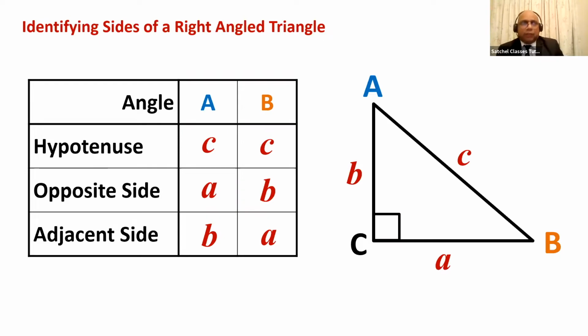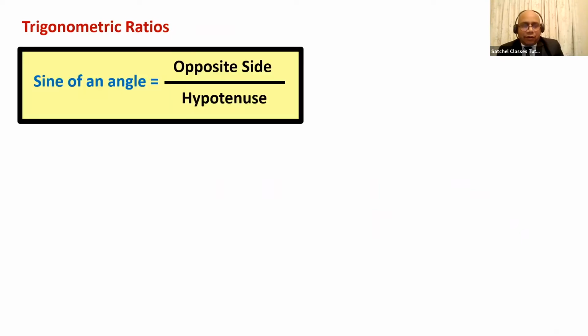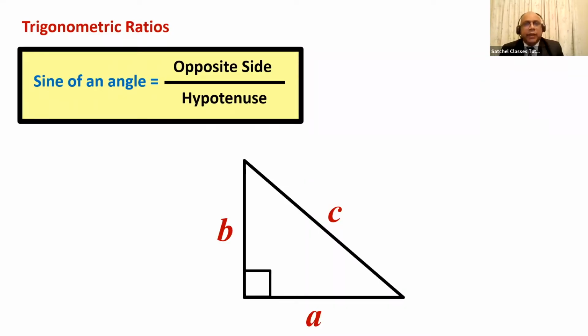Now, with this background, we are ready to learn trigonometric ratios. The first trigonometric ratio is sine of any angle. Sine of an angle is defined as the ratio of the opposite side to that of the hypotenuse. Let's understand this using the same triangle again, right? Now, let's find the sine of angle A. As you can see the formula, the opposite side for angle A is small a, right?